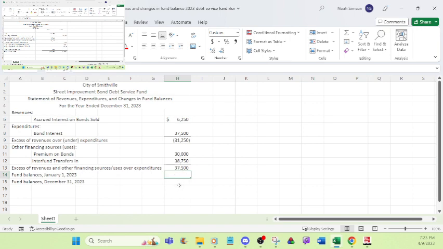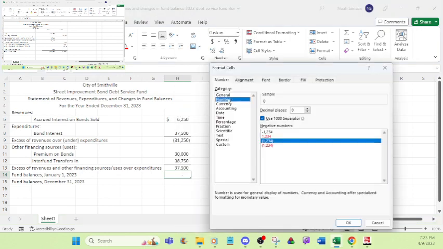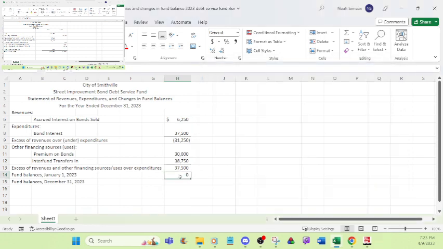So fund balance is fund balance at the beginning of the year. Well, it's going to be 0. Please tell me it's 0.